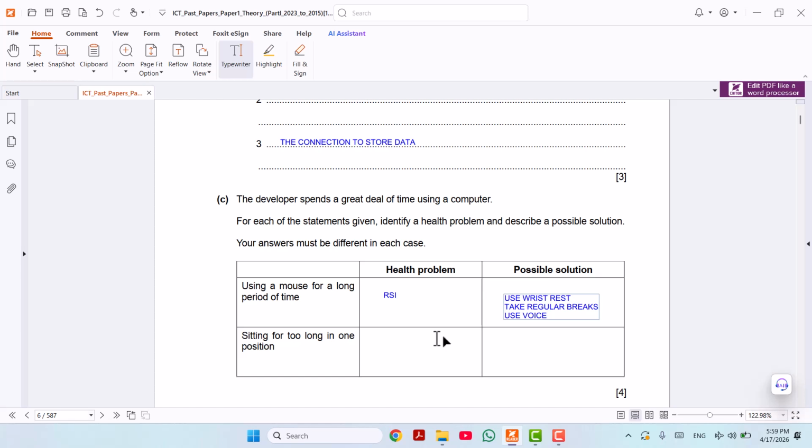If I sit for too long in one position, this will have impact problems. So also use a footrest. Also walk around. Walk around.